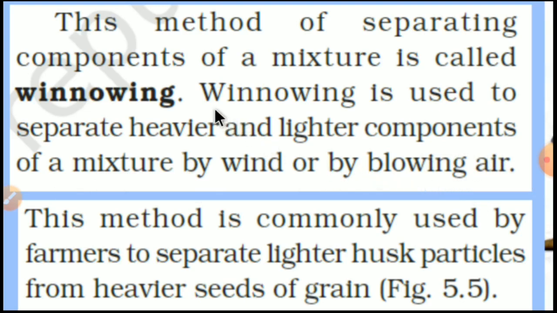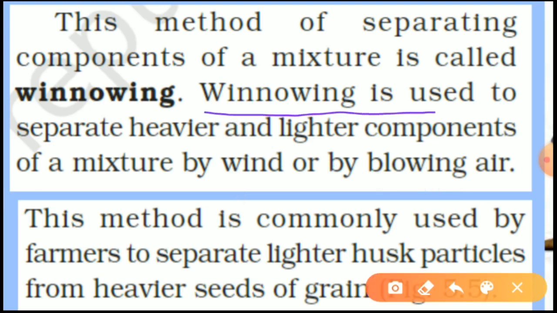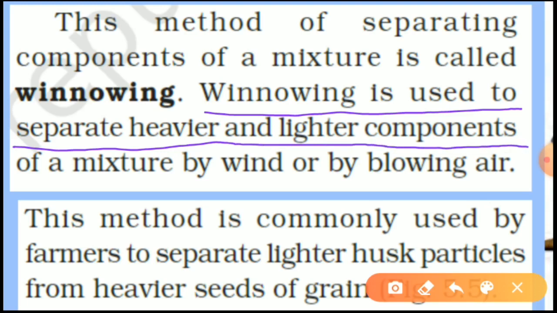So here you will underline that winnowing is used to separate heavier and lighter components of a mixture by wind or blowing air. So when there is a mixture of two components in which one is heavier and the other is lighter, at that time you can use the method of winnowing. So here also you will underline.